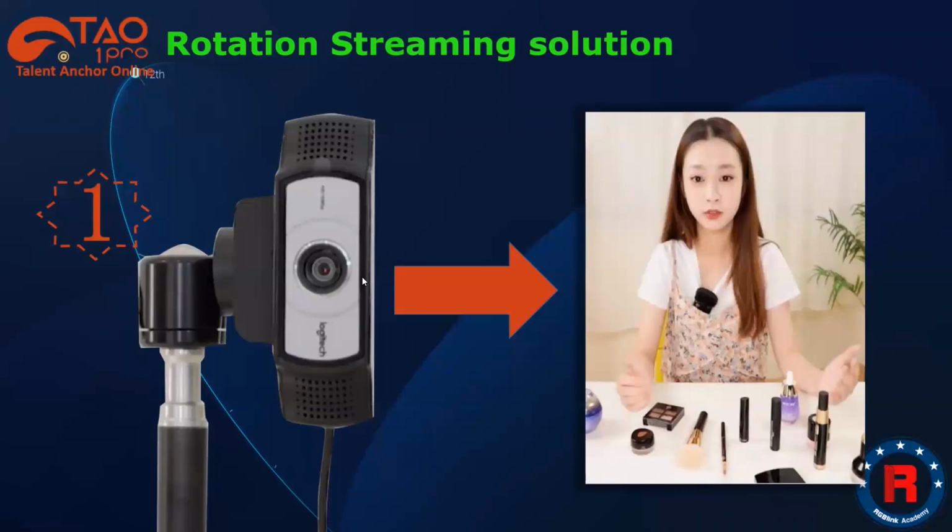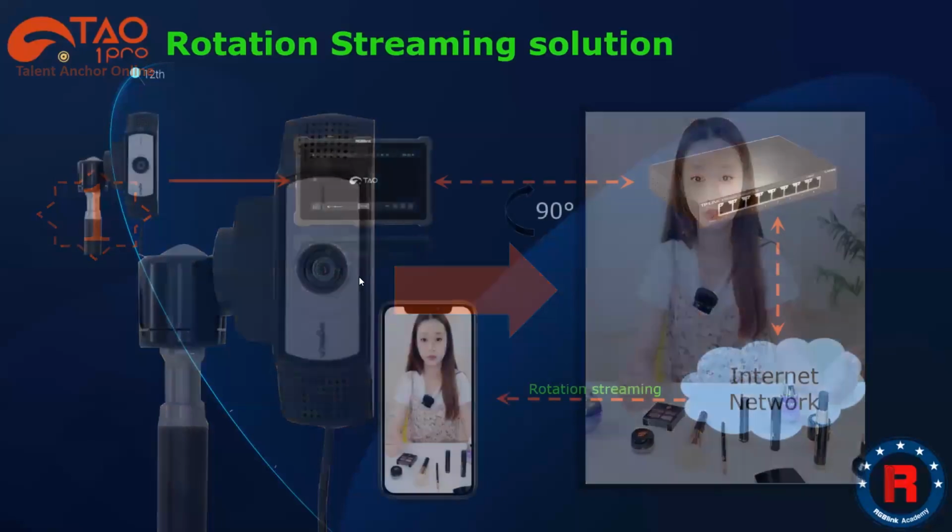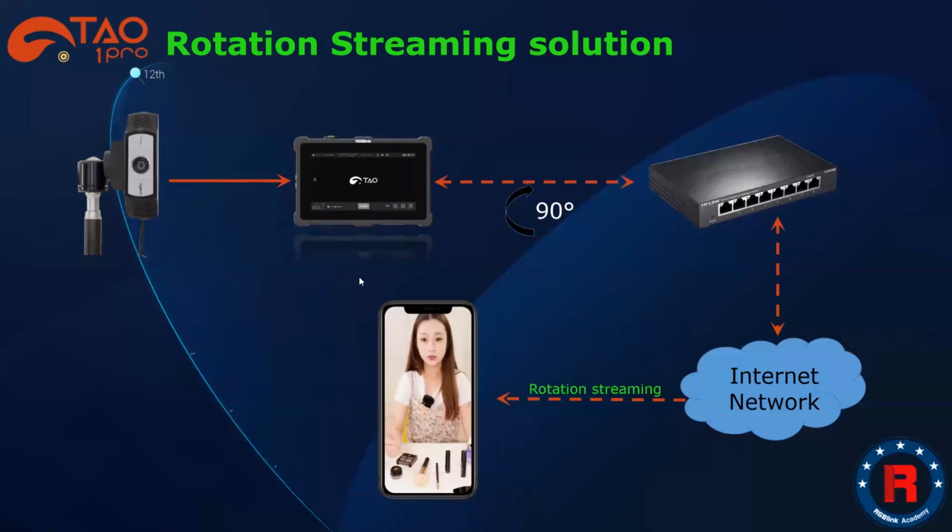Only the part of the concerned information is displayed, and other unnecessary space content is not required. At the same time, with the help of Tai Pro's output screen rotation function, you can accomplish the vertical signal output like this.